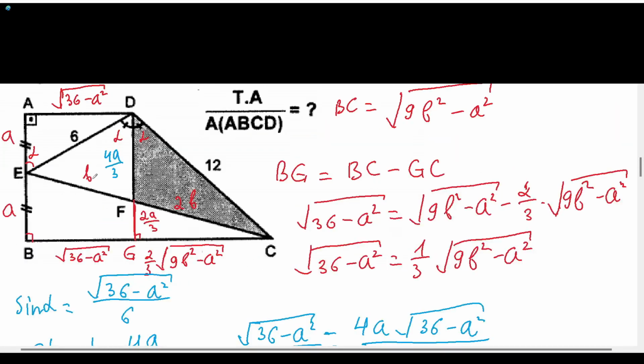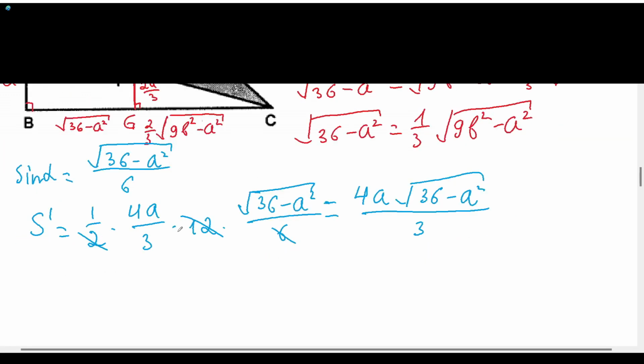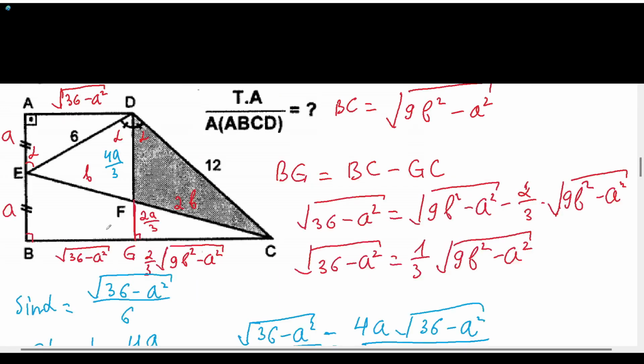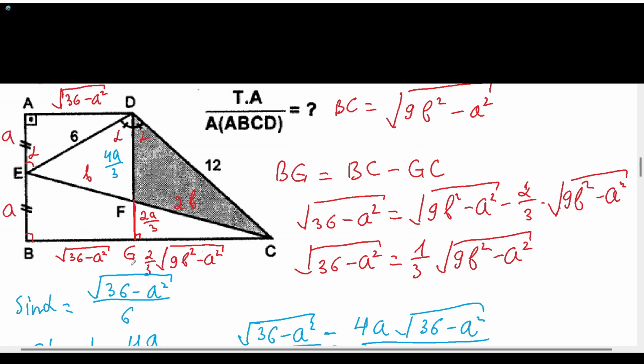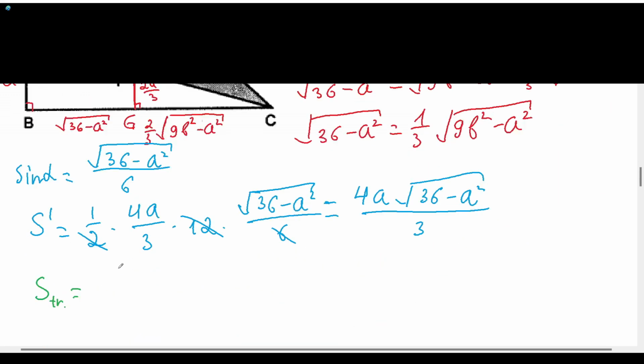And now we can find the area of the trapezium. Let me call the area S, and I'll write trapezium shortly. It will be the midline, which is AD plus BC over 2.